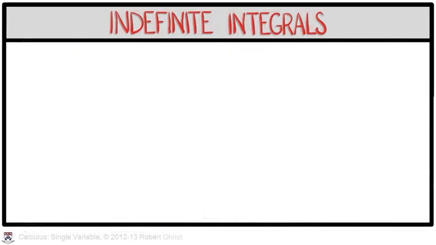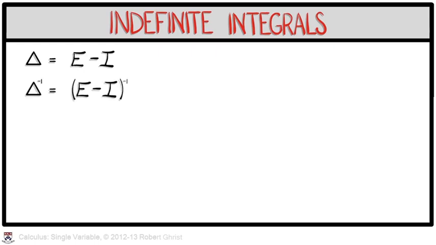There are other things that we seem to be able to do as well. Consider the discrete notion of an indefinite integral. If the forward difference is E minus I, then what happens when we try to take the inverse, that is, undo differencing?